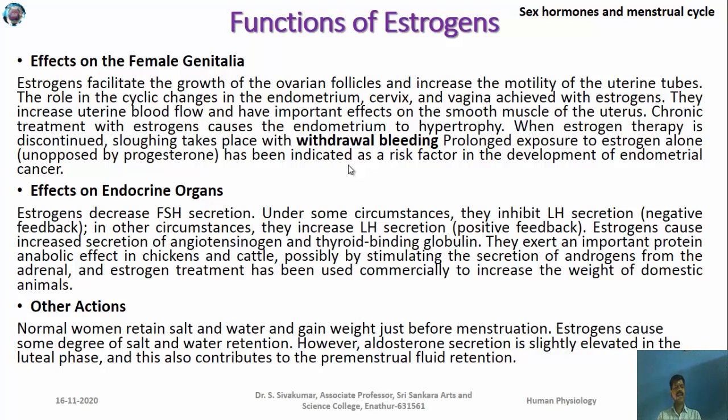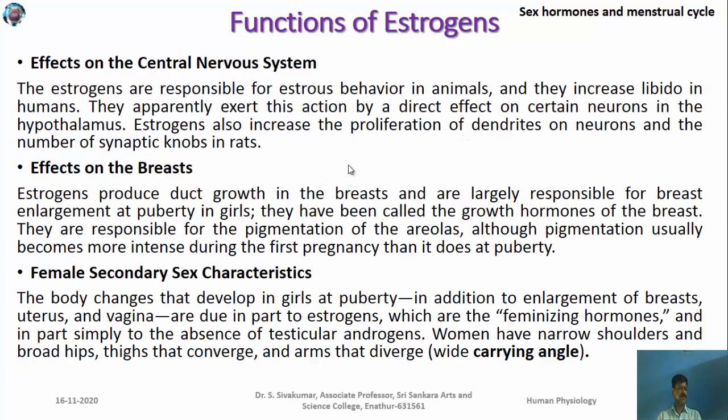Then another action of estrogen is salt and water maintenance. Estrogen causes some degree of salt and water retention, but it does not function like aldosterone. It has but a slight impact on water and salt retention.